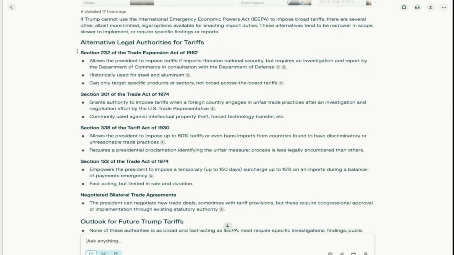Section 232 allows the president to impose tariffs if imports threaten national security, but requires an investigation and report by the Department of Commerce. Historically used for steel and aluminum, it can only target specific products or sectors, not broad across-the-board tariffs. It's not going to help them out very much.